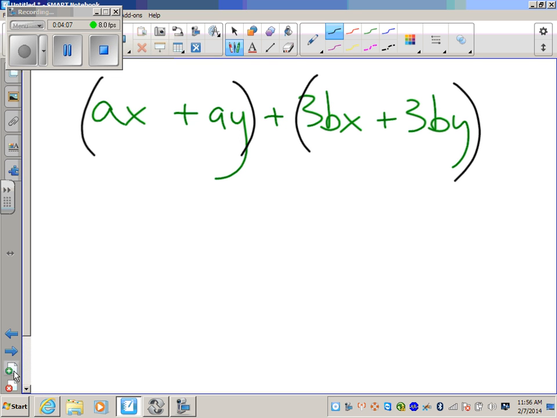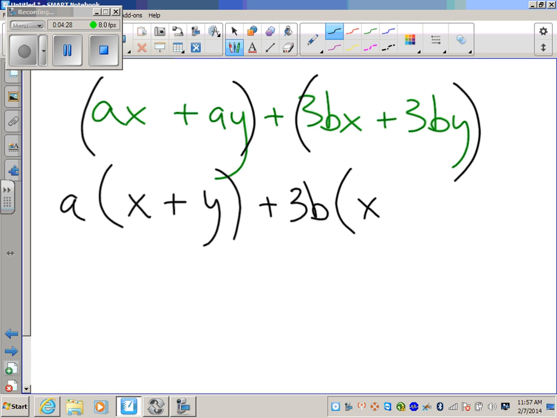What do we have in common between the AX and the AY? A, leaving us with x plus y, right? Then here, between the 3bx and the 3by, 3b. And then we've got our x plus y. Okay, tie it all together.